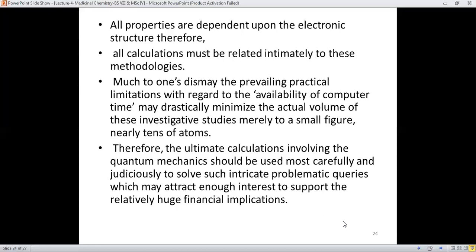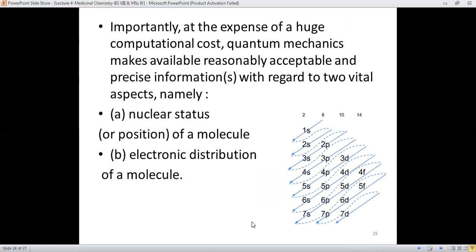It means that quantum mechanical models are important, which deal with molecular structures, molecular modeling, and different interactions. In order to solve all these problems, which are very drastic in the sense of finance, therefore, importantly, at the expense of huge computational cost, quantum mechanics makes available reasonably acceptable and precise information with regard to two vital aspects.